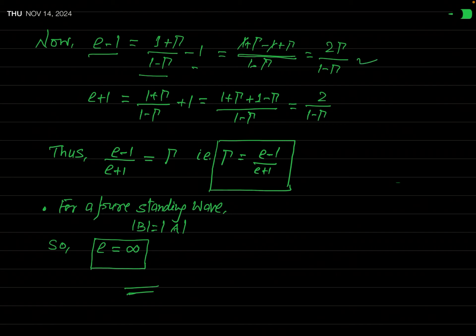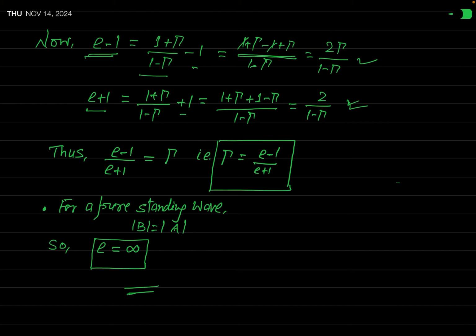In a similar manner, let us try to find e plus 1. So this will be 1 plus gamma by 1 minus gamma plus 1. When you simplify it, you will get 2 divided by 1 minus gamma. Now let us divide this e minus 1 by this e plus 1.